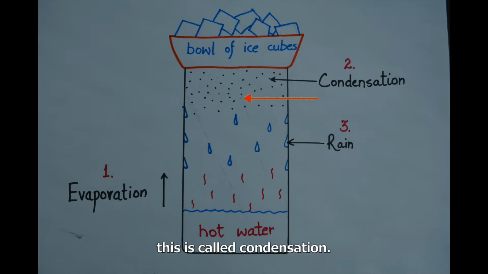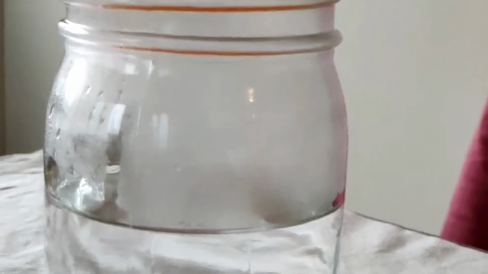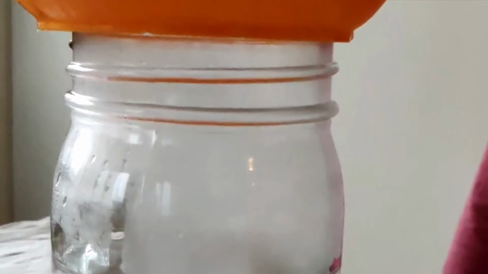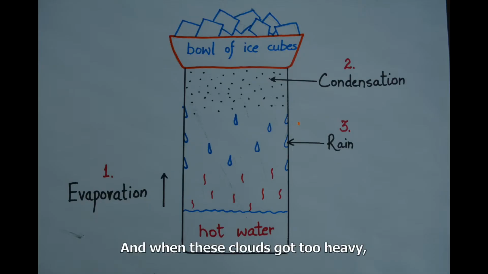This is called condensation. When these water droplets came together, it made clouds. And when these clouds got too heavy and could not hold the water droplets, they fell as rain.